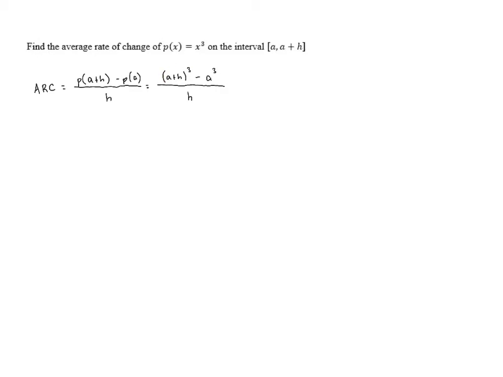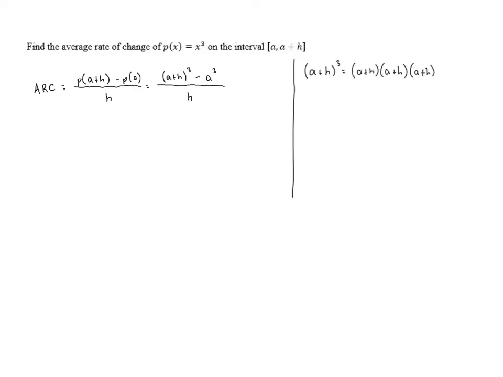Now, a plus h cubed is quite a calculation to do, and so what we're going to do is do this calculation off to the side. So a plus h cubed is going to be a plus h times a plus h times a plus h.